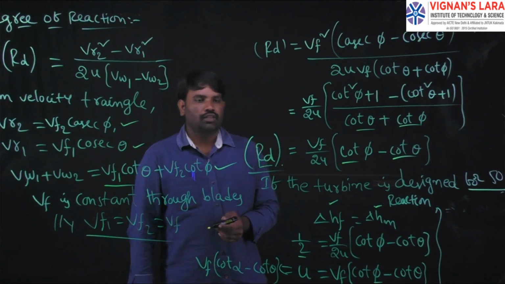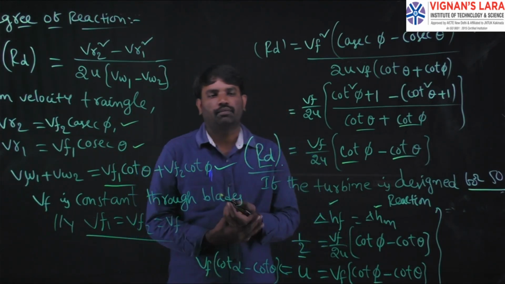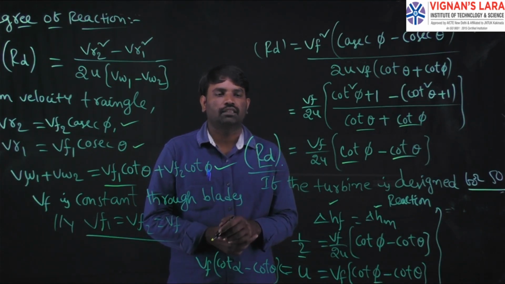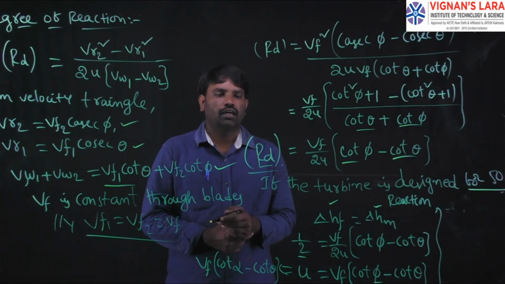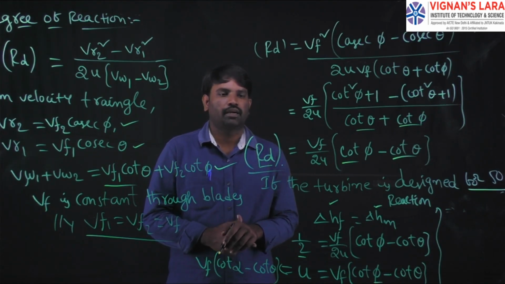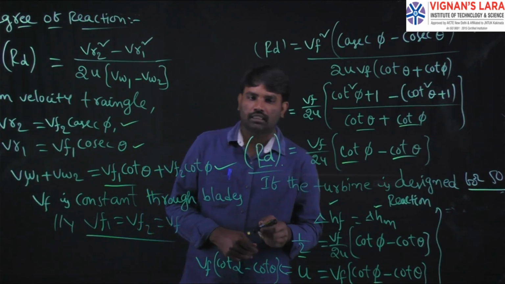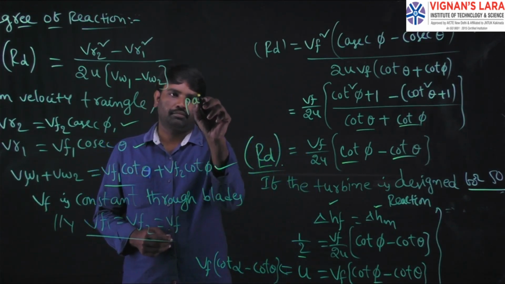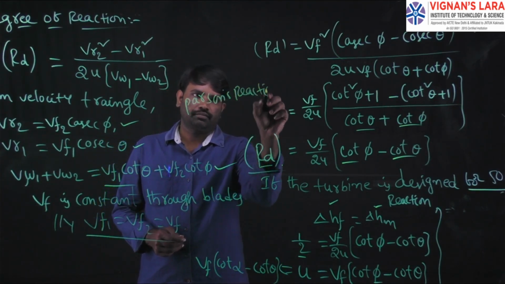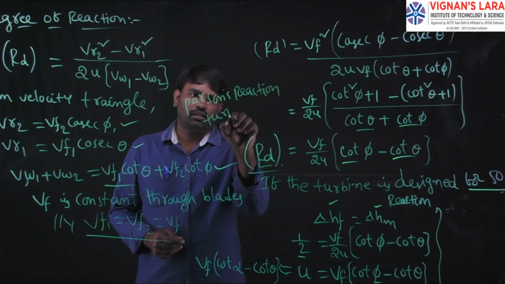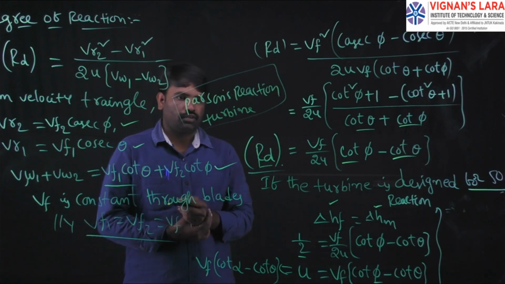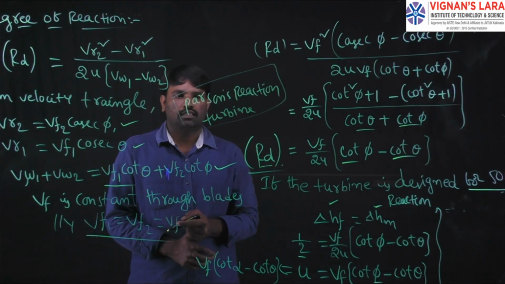If the degree of reaction is 50%, or the shapes of the fixed blades and moving blades are the same, or the fixed and moving blades are symmetrical, then that type of reaction turbine is called a Parsons reaction turbine.